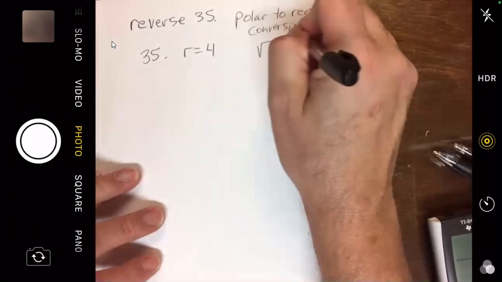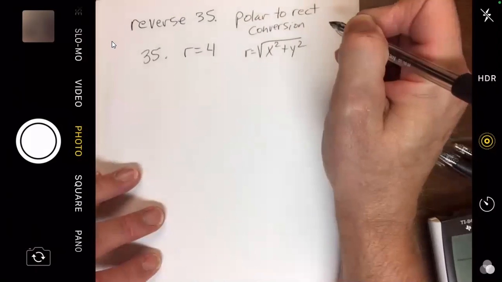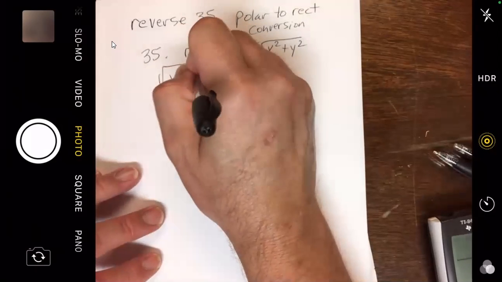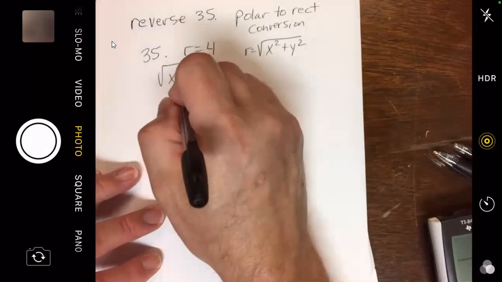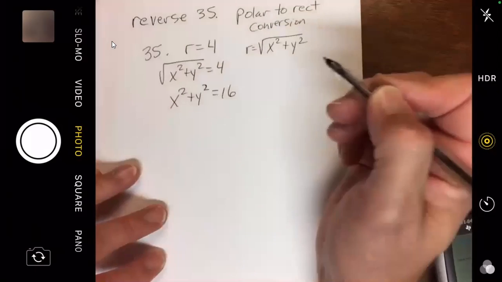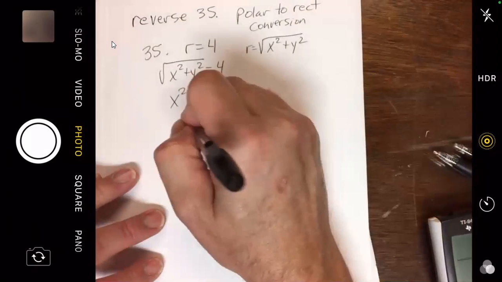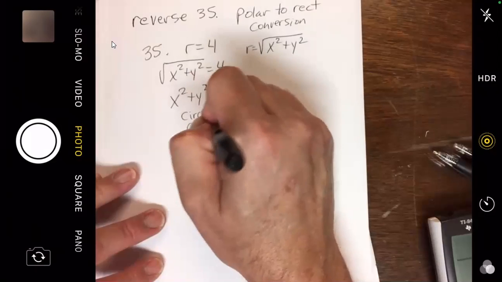If you remember, r is the square root of x squared plus y squared. Plug that in: square root of x squared plus y squared equals 4, and they usually like these solved, so I square both sides, and x squared plus y squared equals 16. Hope you recognize a circle centered at 0, 0 with r equal to 4.